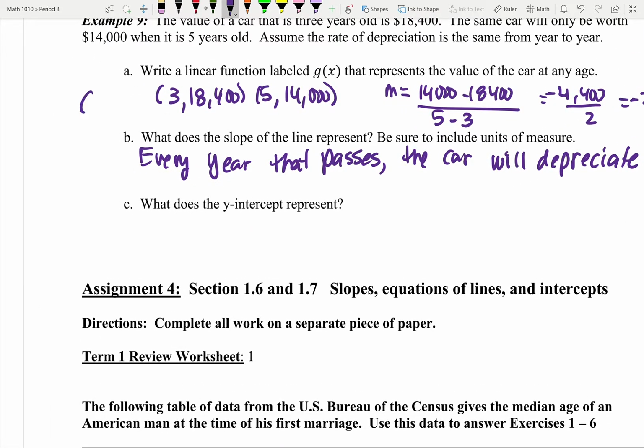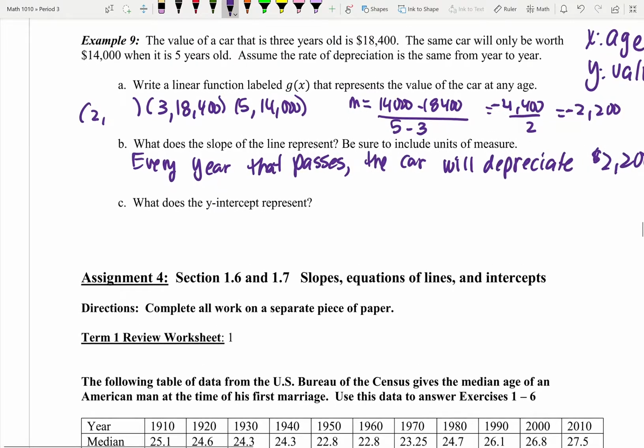Okay, guys, we're going to do this in a kind of rough way. Look, if this is 3 and it's 3, 18,400, then for the year before that, it would be $2,200 more. So everybody go 18,400, add 2,200, and here it would be 20,600. Let's do the year before that. Take the 20,600 and add 2,200, and you get 22,800.